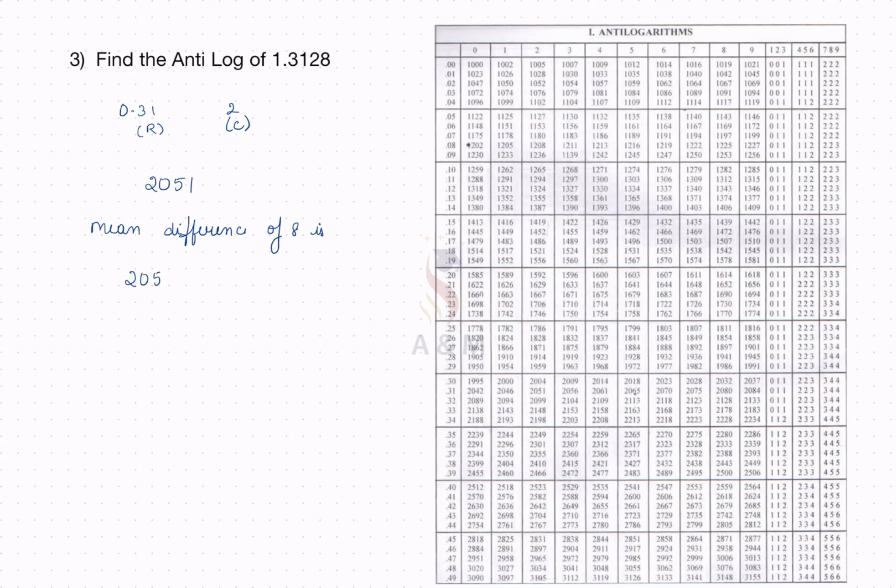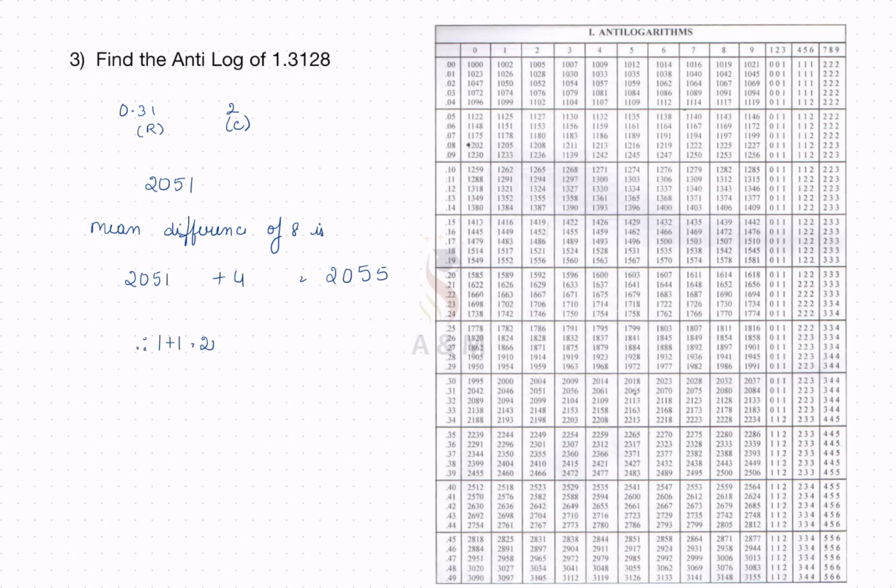2051 plus 4 is equal to 2055. Now you have to put the decimal point. In the question, check before the decimal point what number you have. You have 1. Therefore, 1 plus 1 is equal to 2.